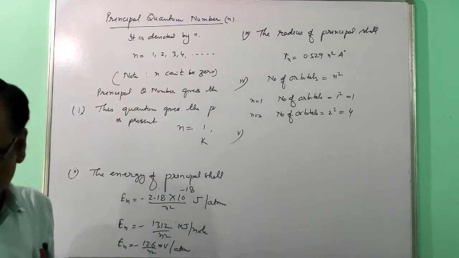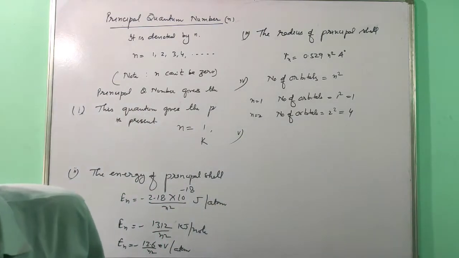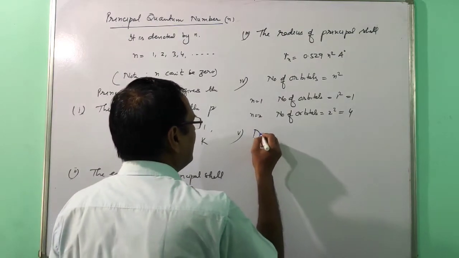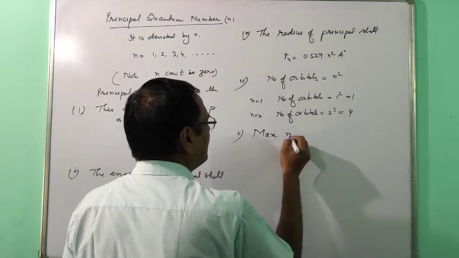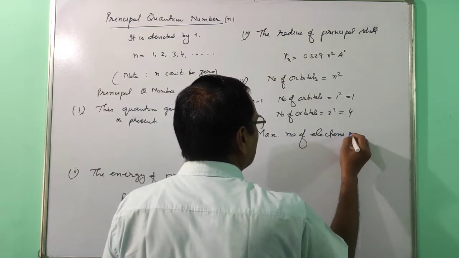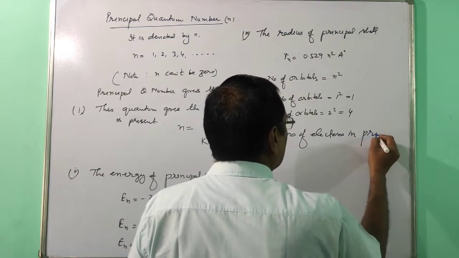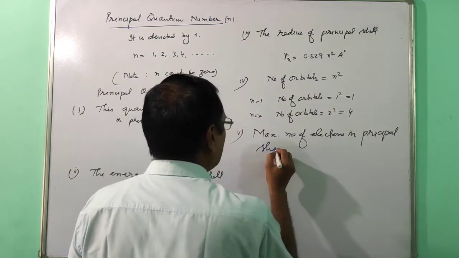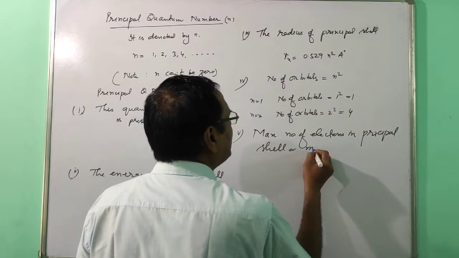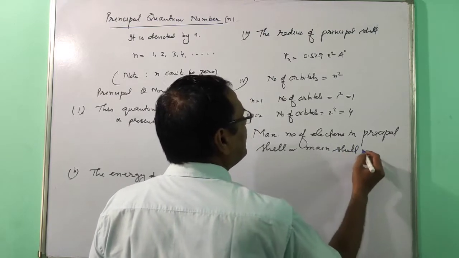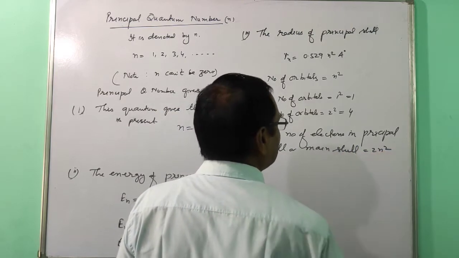Now the fifth point: the maximum number of electrons in a principal shell or main shell is equal to 2n square.